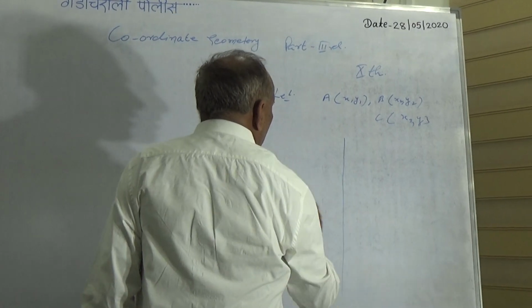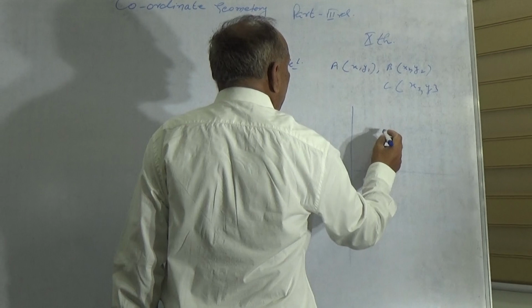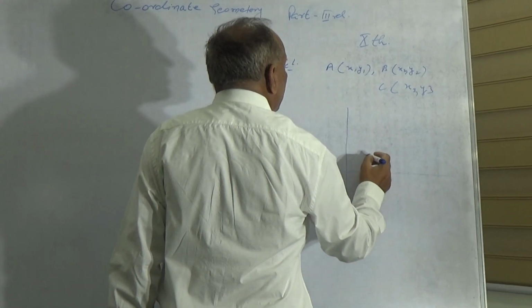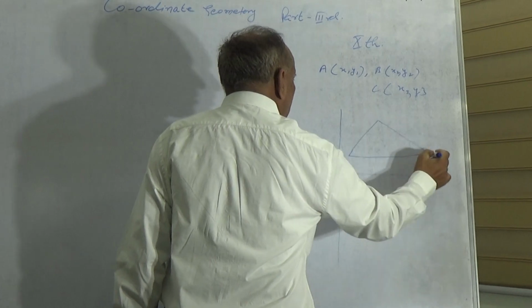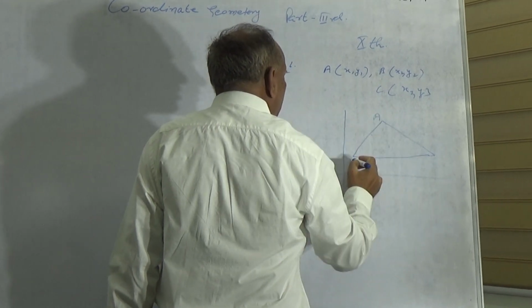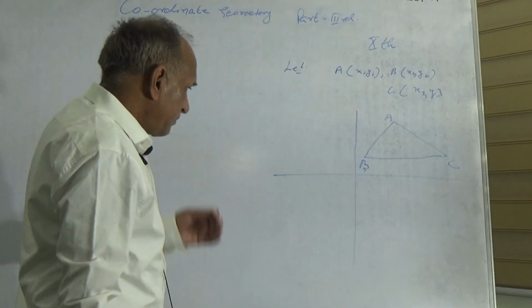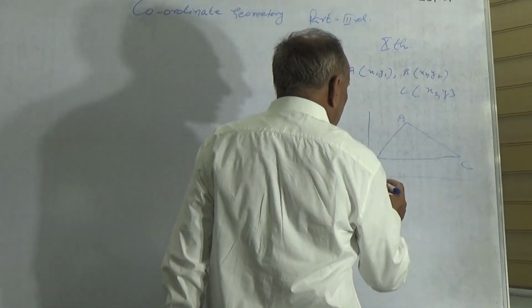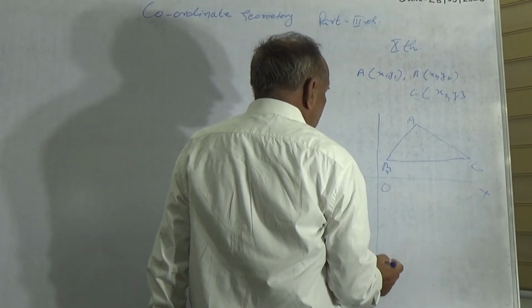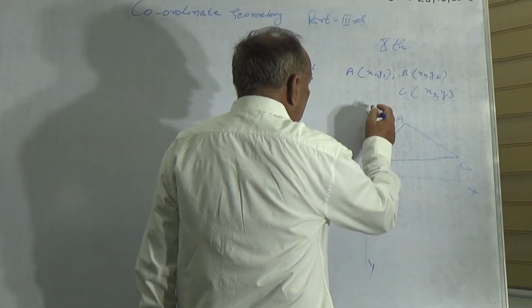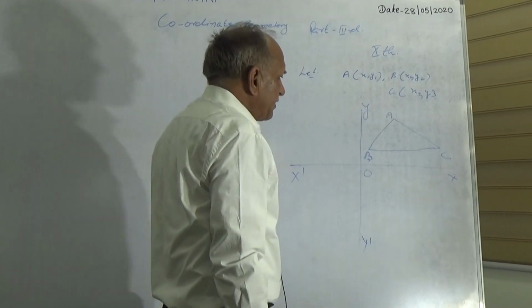Let in the Cartesian plane we have a triangle ABC. Here is O x dash y dash, O y dash.